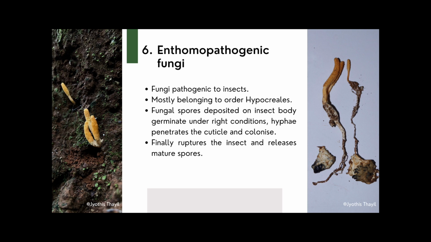Once the internal area is colonized, they will rupture the insect body and the fruiting body will emerge. This fruiting body will release the spores, and the spores will again infect other insects, and the cycle will continue.